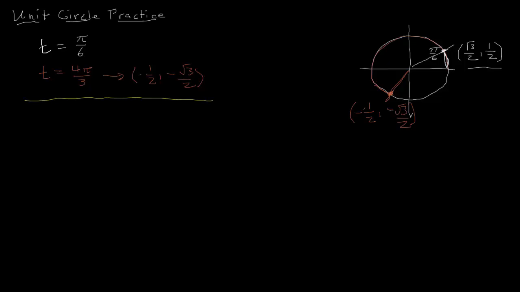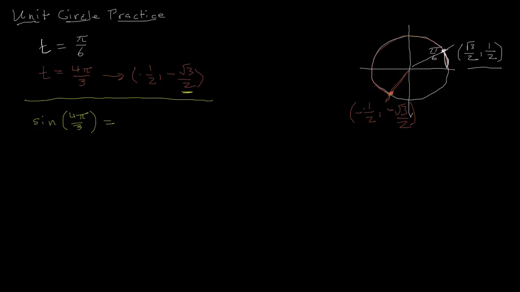The next problem, number 3, says, if possible, find the sine, cosine, and tangent of the real number. So let's say we wanted to find the sine of 4 pi over 3. Well, from the definition, the sine is the y value when this is a point on the unit circle, and that's what we've got.